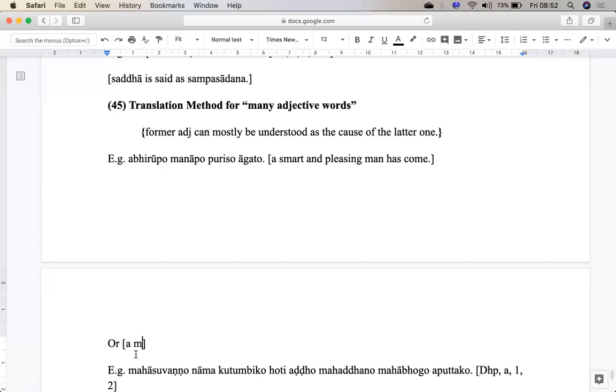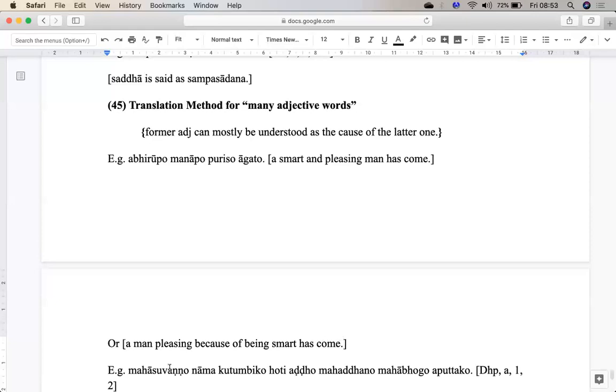So for that sense, how to translate? A man pleasing because of being smart has come.